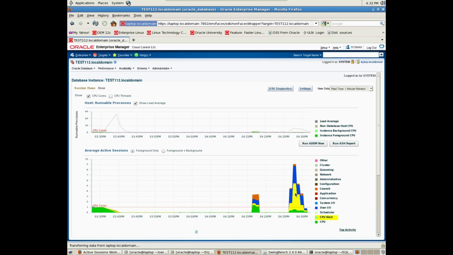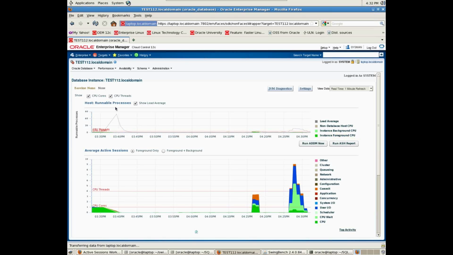Another point I really wanted to make on this was this graph up here. It's showing you runnable processes, so this is kind of a run queue graph. Actually, let me switch on the CPU threads there as well. Hold on. So you can see the 4 CPU threads here as well.